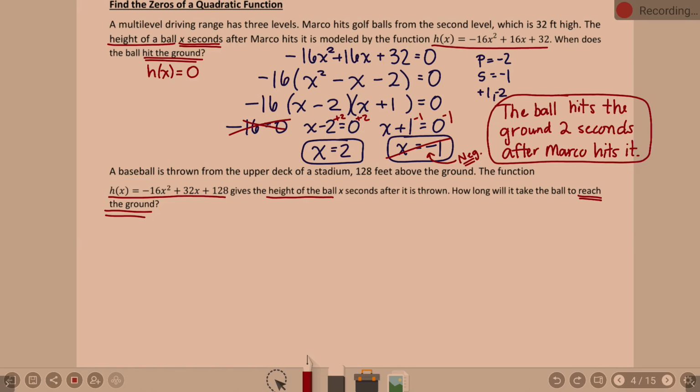The height is 0. Okay. So right here, you're looking for the height to be 0. So set your equation equal to 0. Negative 16x squared plus 32x plus 128 equals 0.